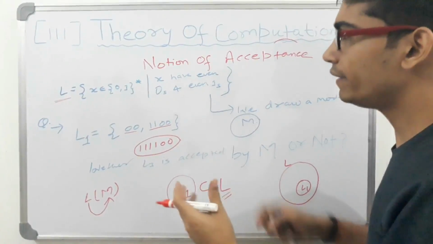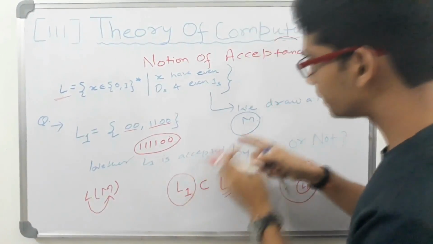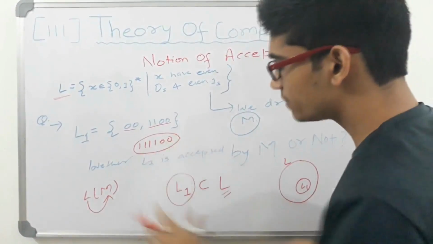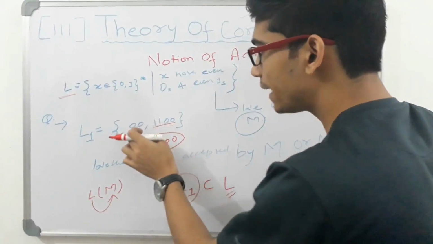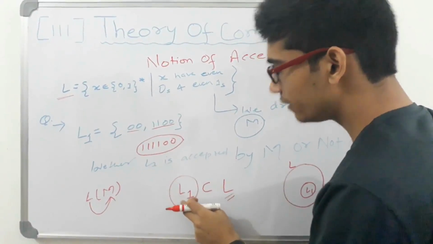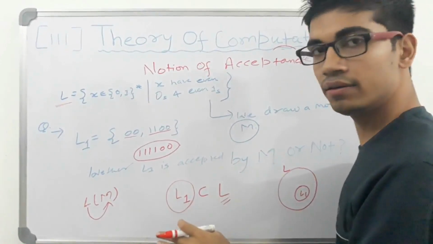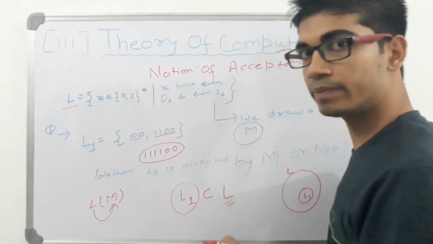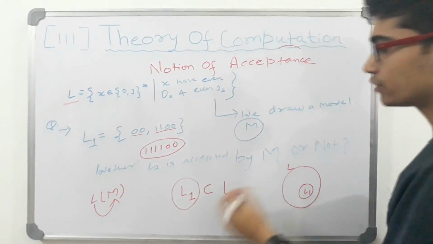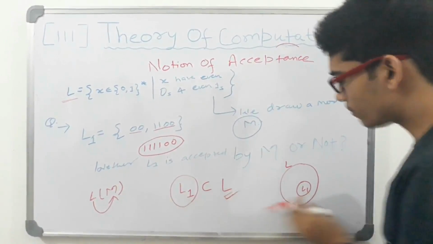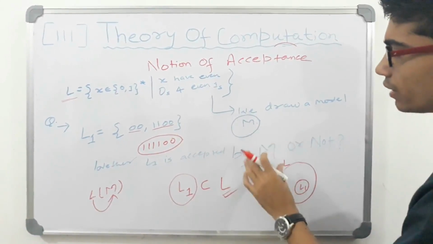When we talk about a language being accepted by M, it must be the complete language. By complete I mean that all the strings belonging to this set will be accepted, and the rest must be rejected. L1 is a small part of L, but M is something bigger.